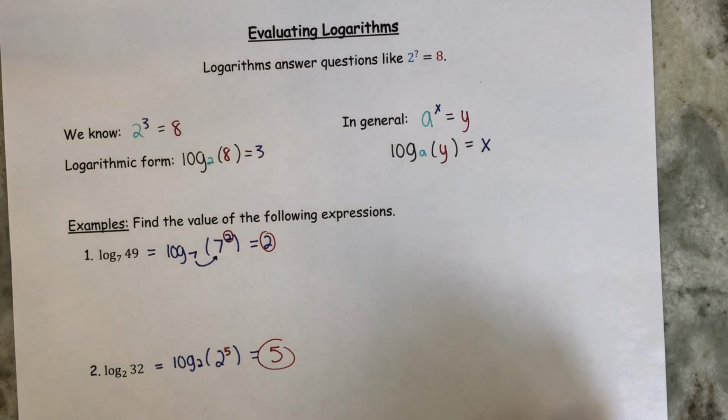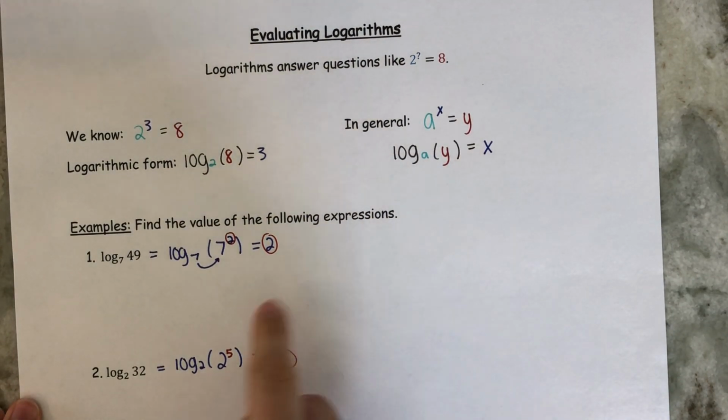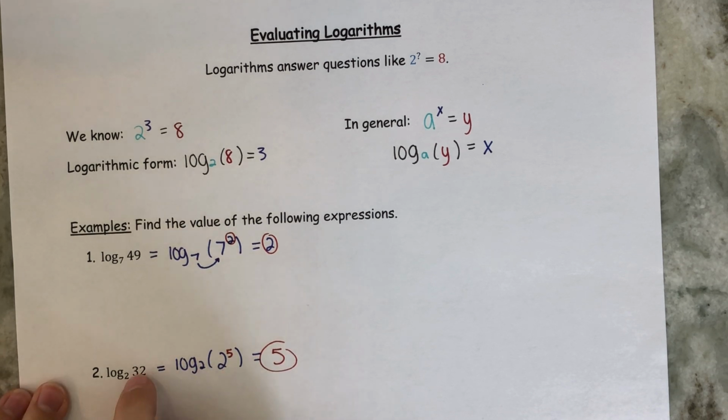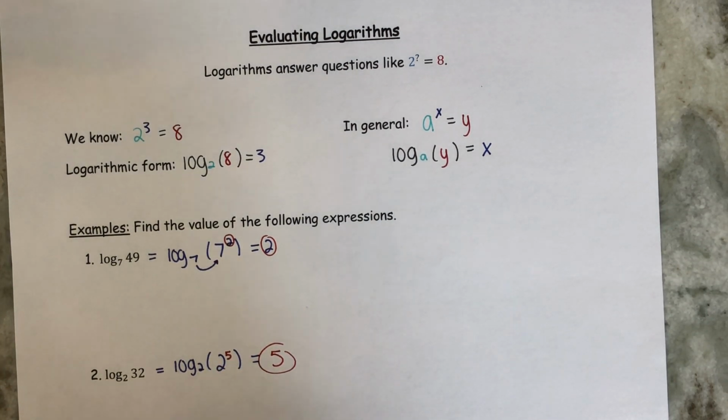So these are two pretty basic examples. That's our base, and the base is going to be rewritten inside here. We want to rewrite that 32 as 2 to a certain power. If you're unsure of what that is, literally just take your calculator and start doing 2 squared, 2 cubed, 2 to the 4th until you figure out what that exponent needs to be.